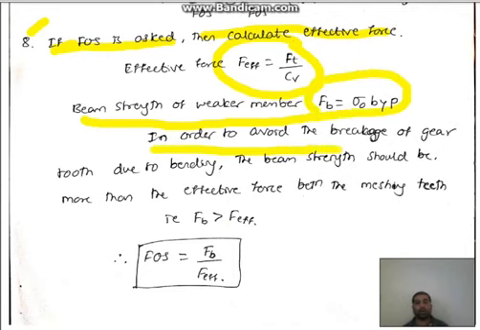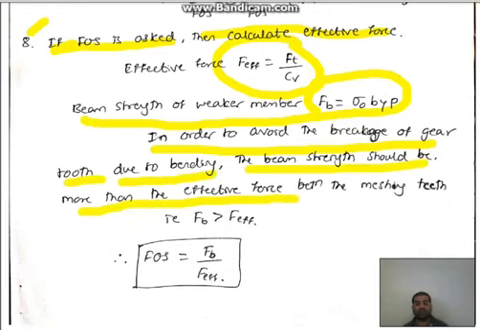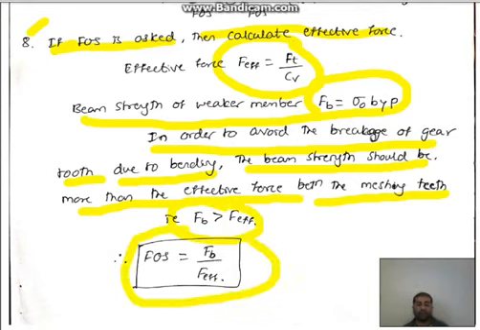In order to avoid the breakage of the gear tooth due to bending, the beam strength should be more than the effective force between the meshing teeth. That is, FB is greater than F effective. Therefore, factor of safety equals beam strength divided by effective force.